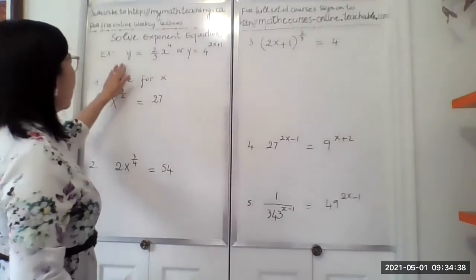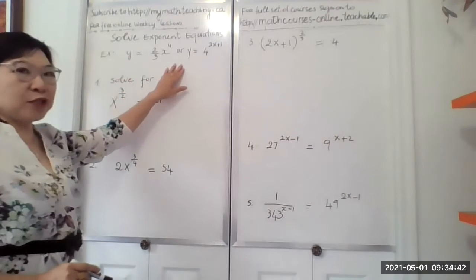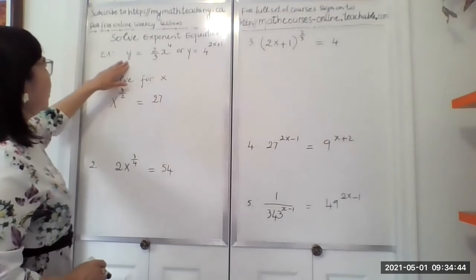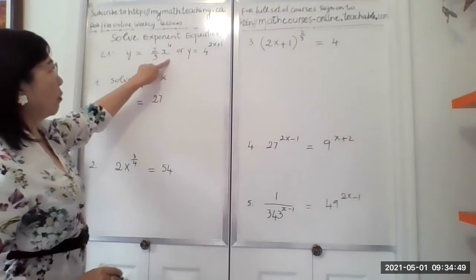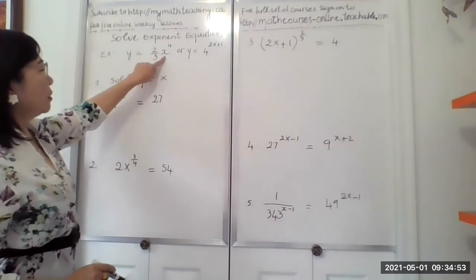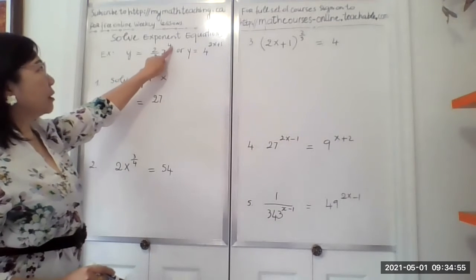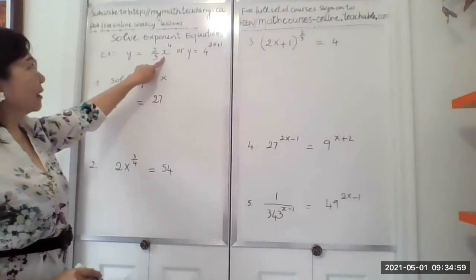I have two examples of what an exponential equation looks like. The first example, y equals (2/3) x to the power 4. You notice in the first example, the power is a number and the base is x.